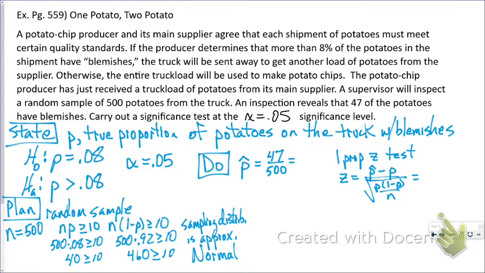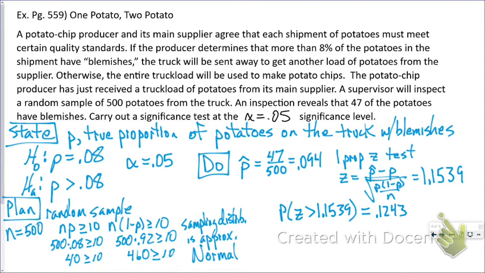So I know this p-hat was 0.094. I know z came to 1.1539. And the textbook way to write this, we've been doing this since the fall, would be like this. Proportion of z's to the right of that z value is the p-value, 0.1243.